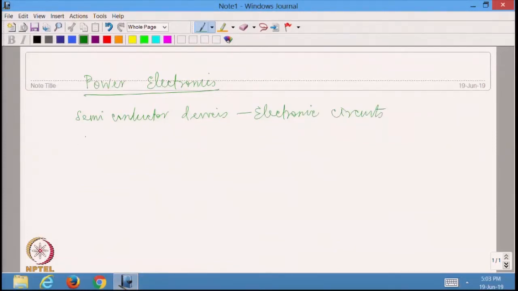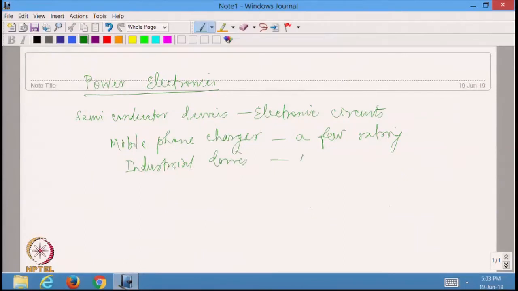The applications range from mobile phone chargers, which are of only a few watts rating, to industrial drives, which may be of megawatt rating. So the entire range is generally covered by power electronic circuits.